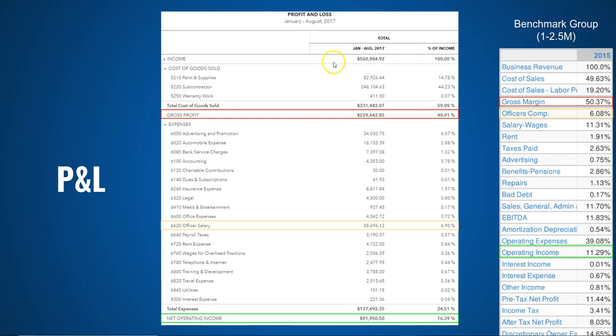And so that top line, in this case, is looking at all the invoices, how much this painting business has invoiced from January to August. If you do not do invoicing in QuickBooks Online, you'll be looking at a cash basis profit and loss, how much money you've collected in cash from customers.